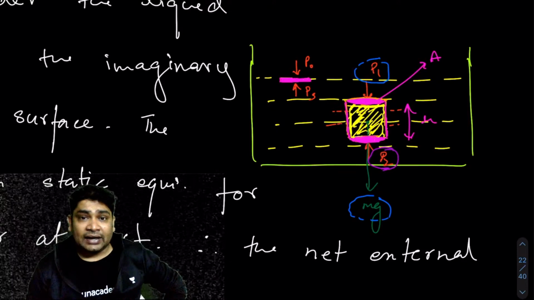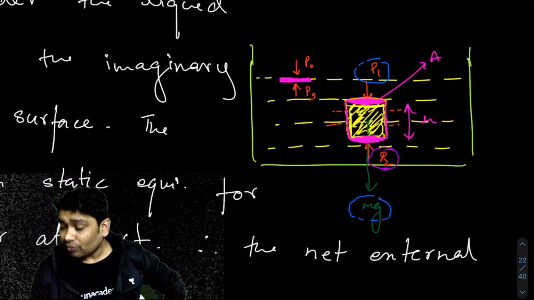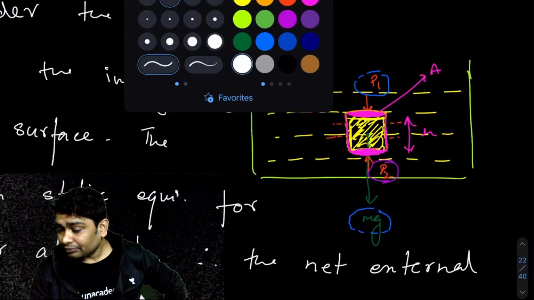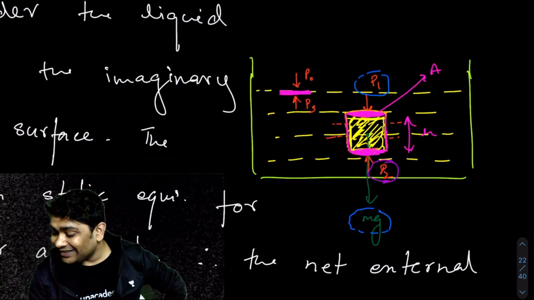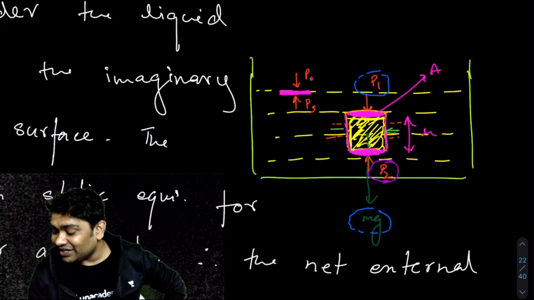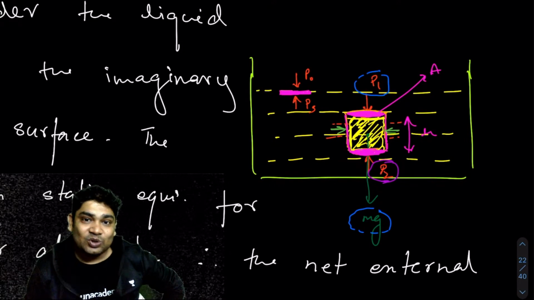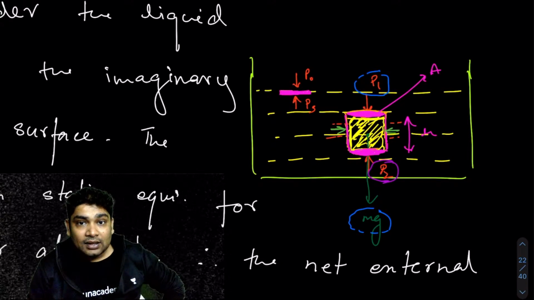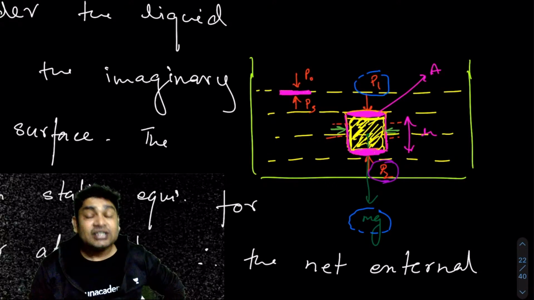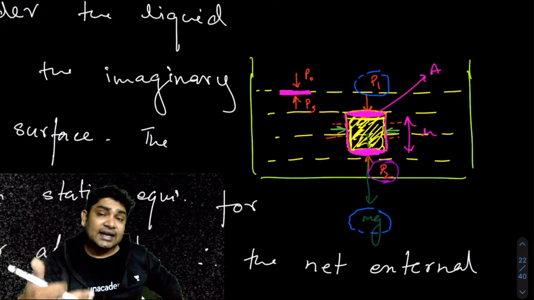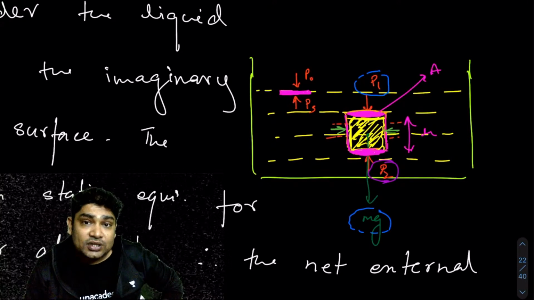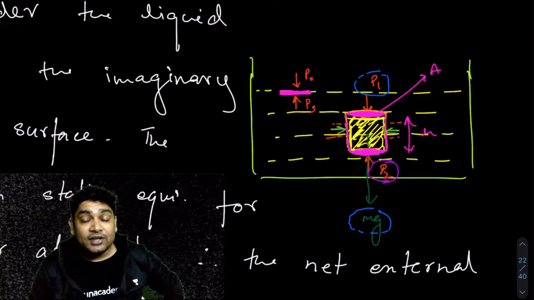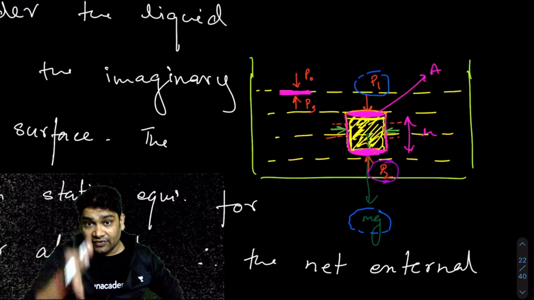The reason for that is for equilibrium, the force in this direction due to this pressure and the force in this direction due to this pressure would always have to cancel each other out. So the pressure in the x direction does not vary. Similarly, there would be no variation of pressure in the z direction. If the only external force acting is the force of gravity, which is acting downward, then the only variation in pressure will exist in the vertical direction.